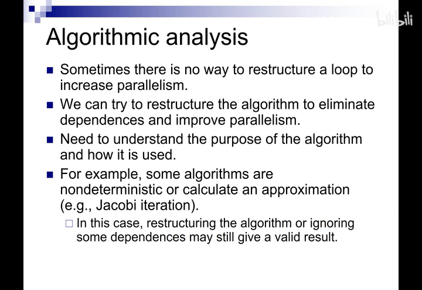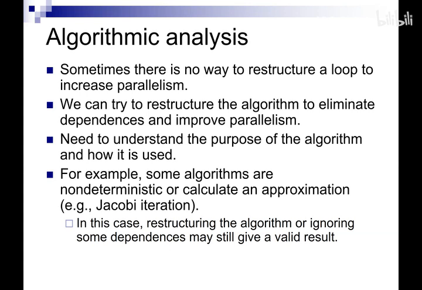One example where you could change to a different algorithm is that some algorithms calculate an approximation. Later on we're going to look at some iterative algorithms, and they try to compute some result, but it's an approximation.